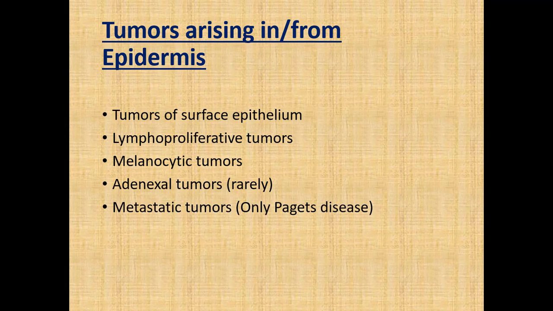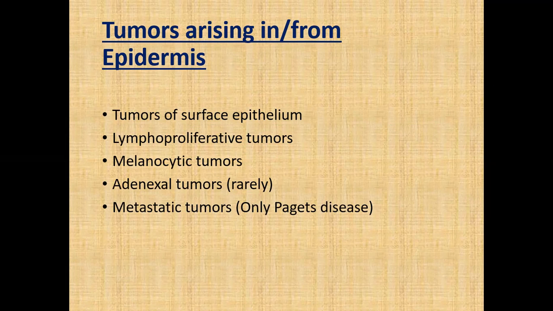Lymphoproliferative tumors. The most common is cutaneous T-cell lymphoma, which is most commonly seen in the epidermis because of the phenomenon of epidermotropism. Then melanocytic tumors, although the melanocytic tumors originate from the basal layer, in the radial growth phase these cells are seen within the epidermis.